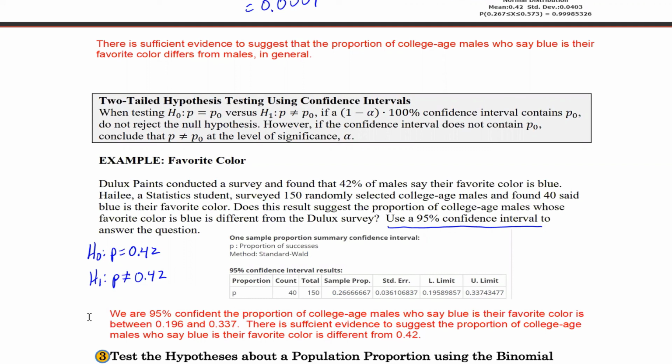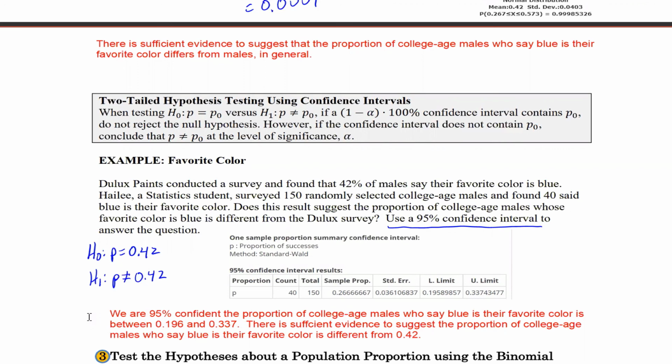The added bonus of constructing a confidence interval is you actually have a range of values for which you're 95% confident that blue is the favorite color of college-age males. You're 95% confident it's between 0.196 and 0.337.